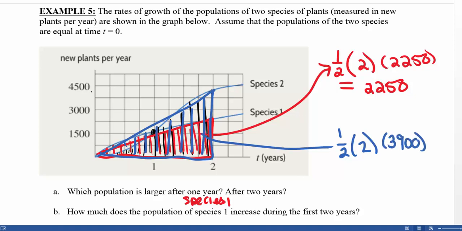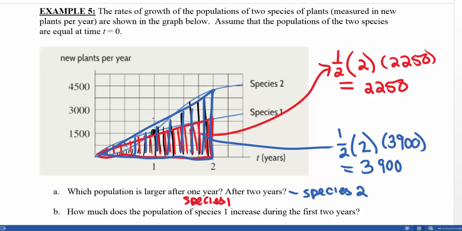It's a little bit above the halfway point, which is 3,750, so partially between 3,750 and 4,500. You could call that 4,000, but what really matters here is any estimate you get between 3,750 and 4,500 is going to give you a result that's larger than what we got for species 1. So after 2 years, species 2 is going to be larger because, again, there's more area under the curve of species 2 at time equals 2 than under species 1.